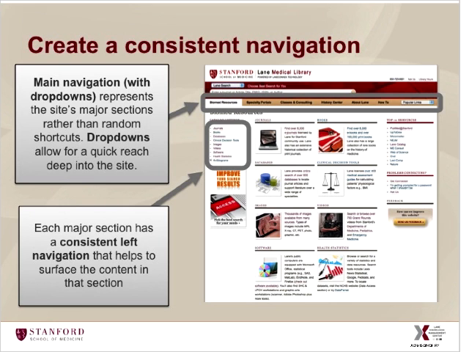Another standard that we created was that each major section has a consistent left navigation. So if you click any one of those gold top levels, I'll give you a URL. That's the top level of the very first navigation item, Biomed Resources.